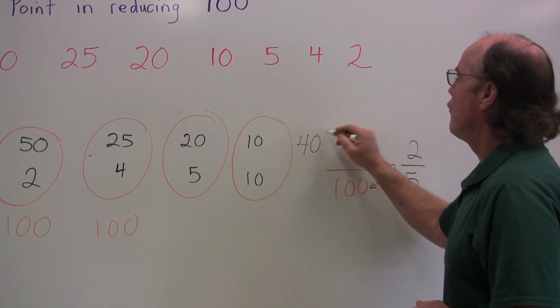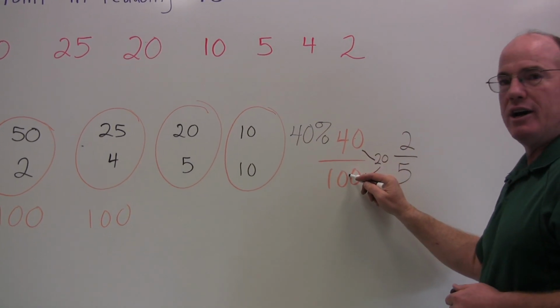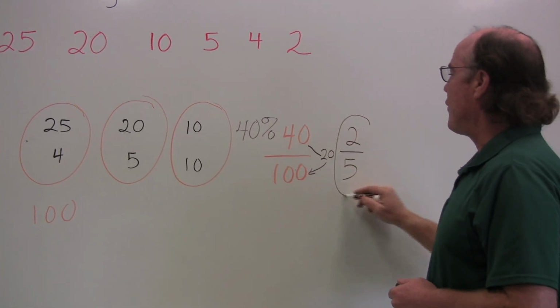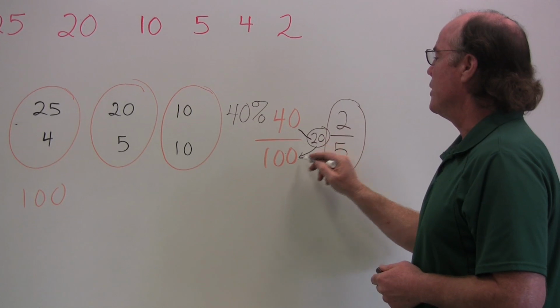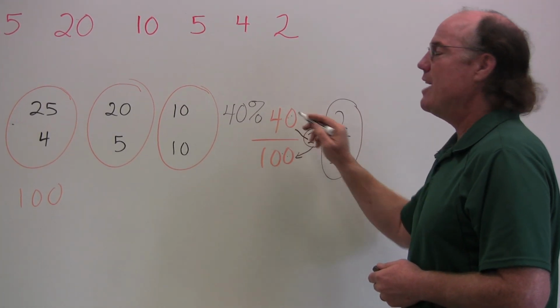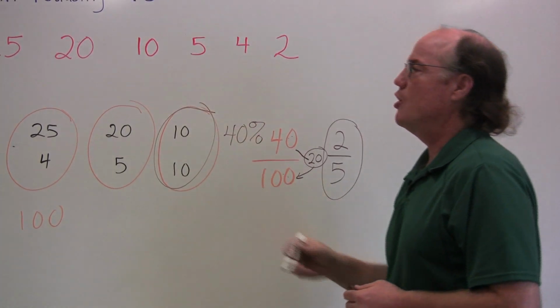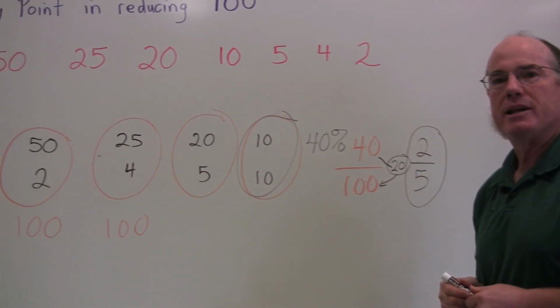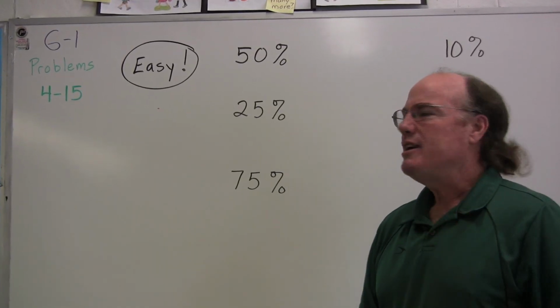So if 40% is 40 over 100, its reduced fraction is 2/5, because we know that 20 goes into 100 five times. Okay? So these are key things to know for some of the tougher problems coming up. All right?